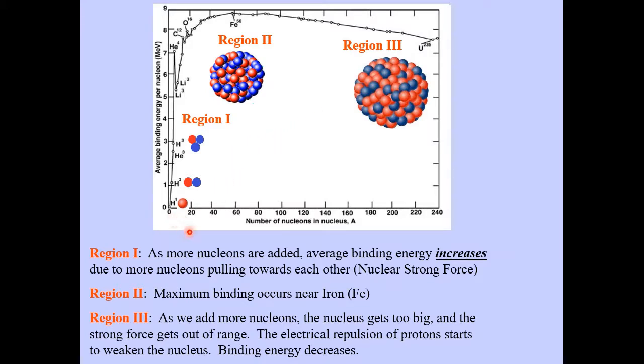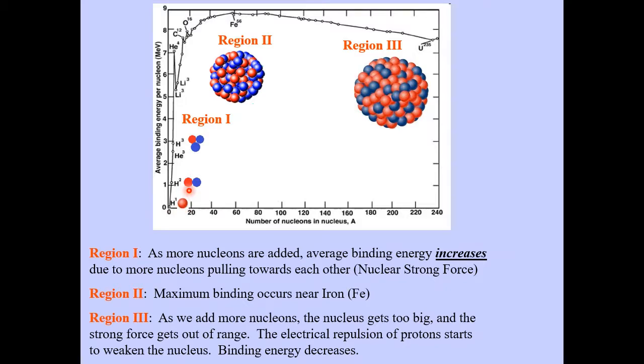Let's take, for example, regular hydrogen 1. The hydrogen 1 nucleus is just a single proton, and there it is. A single proton has no binding energy because it's all by itself and there's nothing for it to bind to. So its binding energy is actually 0. All right, so that's our starting point.